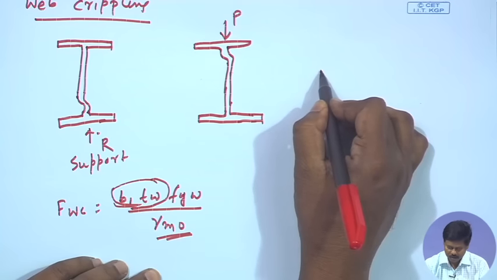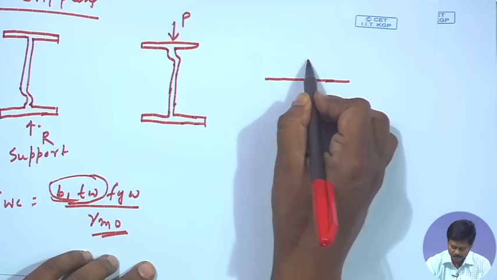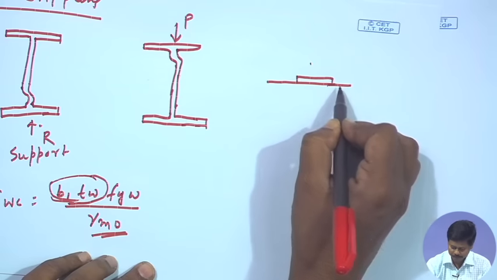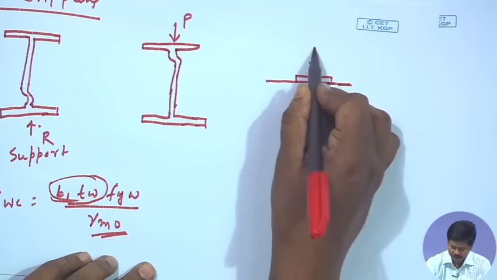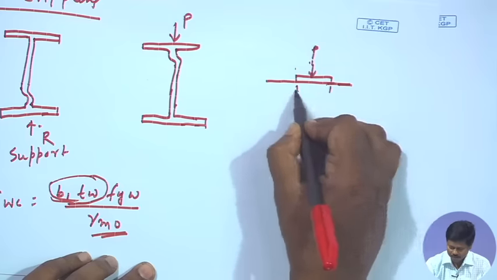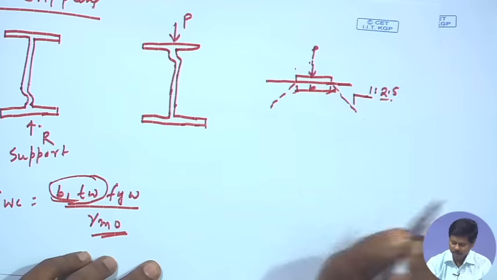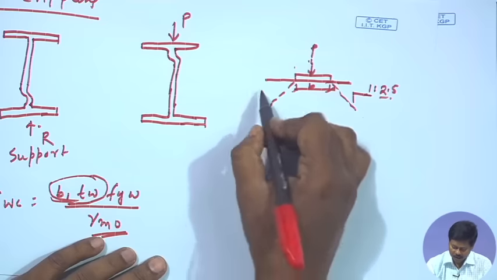That means, if we have a load here with a bearing length of b, so this is bearing length b, and we assume a dispersion of 1:2.5 slope.